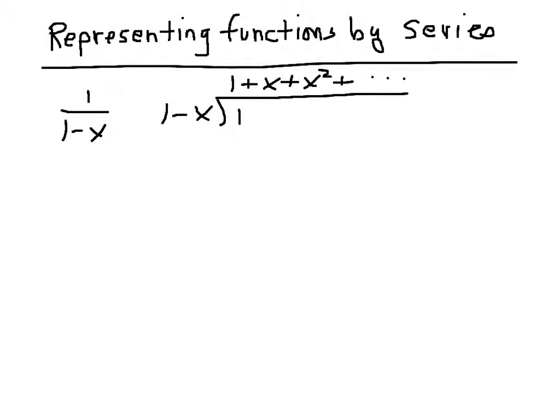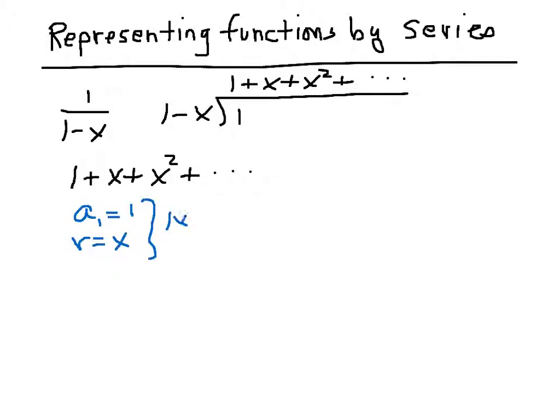If we also think about this series, 1 plus x plus x squared, and so on, we can recognize this as an infinite geometric series where the first term is 1 and r is x, and as long as the absolute value of x is less than 1, this is going to equal 1 over 1 minus x. So that's sort of two ways of thinking about this.